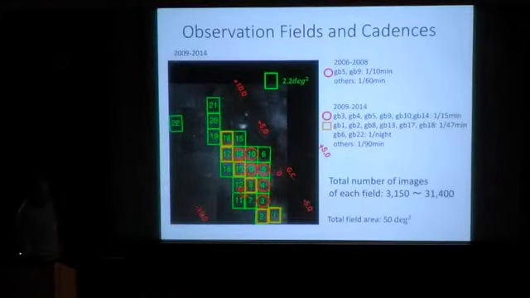But after 2009, we optimized the observation strategy, and these 6 fields in red circles were observed once per 15 minutes, these 6 fields in orange boxes were observed once per 47 minutes, and other fields were observed once per 90 minutes, except for GB6 and GB22, which were observed once per night. The total number of images of each field ranges from 3,000 to about 30,000, depending on the observation cadence.